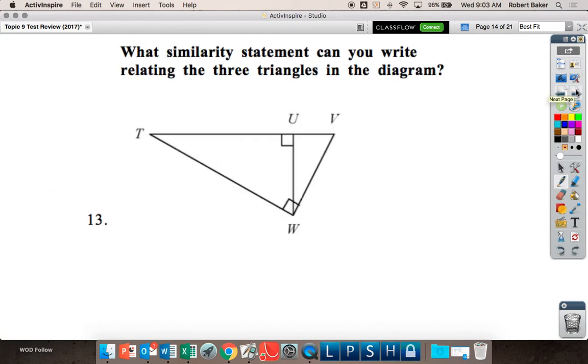Oh, glorious. Probably the toughest question. Why? So what are we going to do when we see right triangles in right triangles? Draw 3 triangles. So here we go.